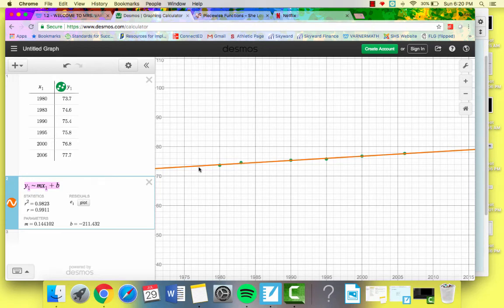Notice that this orange line gets almost every single point exactly. So once we have this, if you look down in this box, it comes up with our R value. Notice R is 0.9911, and then it tells you what the slope is for the equation and what the y-intercept is. So all this does is give you the numbers to plug into your formula so that you have the equation of the line.